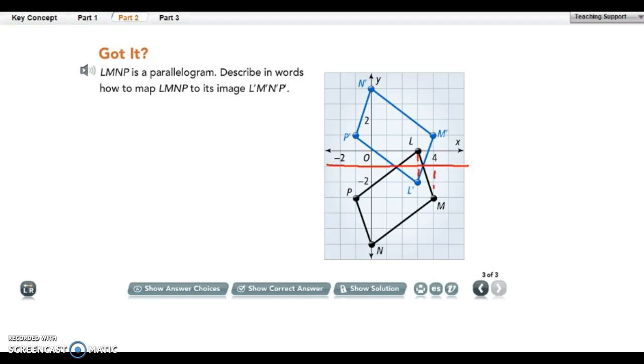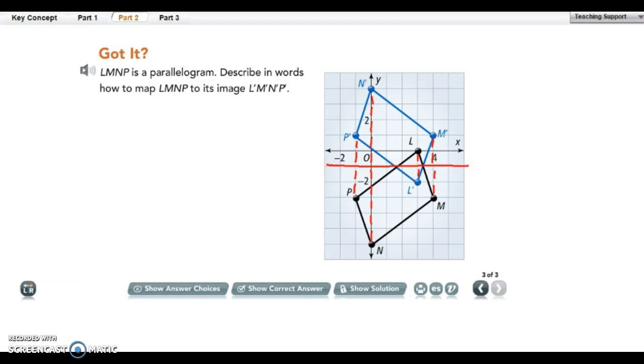Here I'm going to go 2 places from the line of reflection to M and 2 units to M prime. I'm going to go 2 units to P and 2 units to P prime. I'm going to go 1, 2, 3, 4, 5 to N and 1, 2, 3, 4, 5 to N prime, which means that we do have a line of reflection.